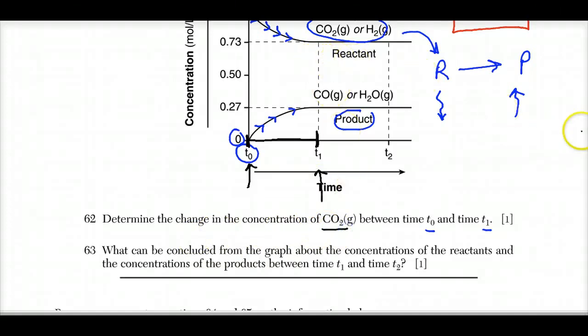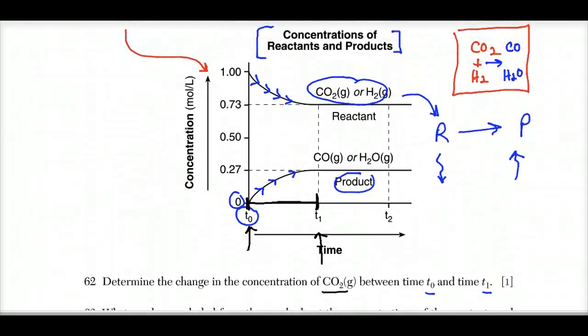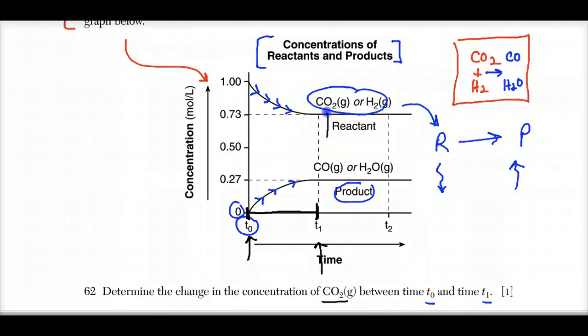Now, CO2 is a reactant, and we start with 1. We can assume it's right on the 1 because they say it starts at 1 molar. And it goes to time t1 here, which is this point. So from this point, how did the concentration change?